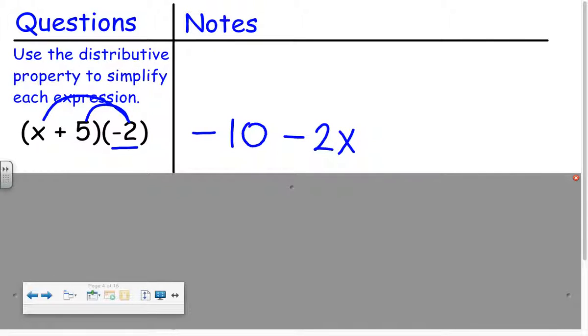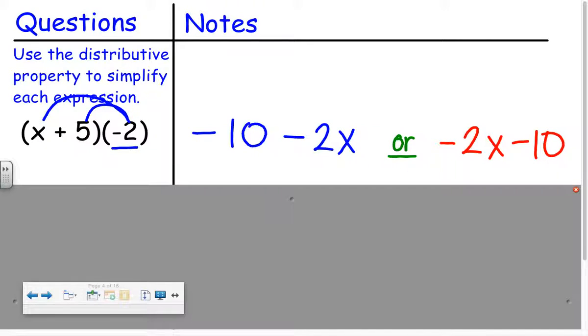Now keep in mind, you could also write this problem the other way. If you did negative 2 times x first, you'd have negative 2x, and then negative 2 times 5 would be negative 10. These are the same answer, so either of those would work. Negative 10 minus 2x or negative 2x minus 10, same thing.